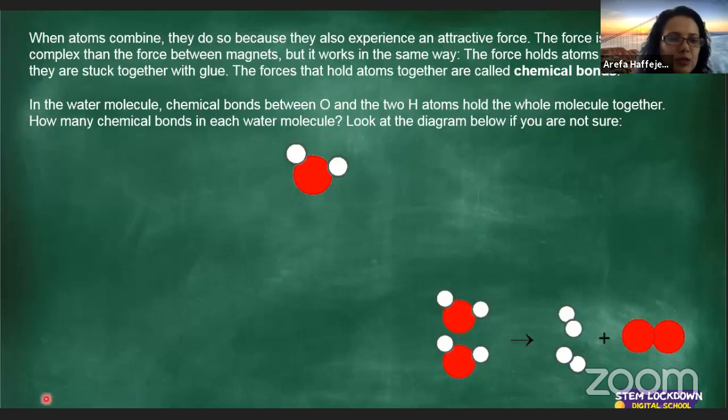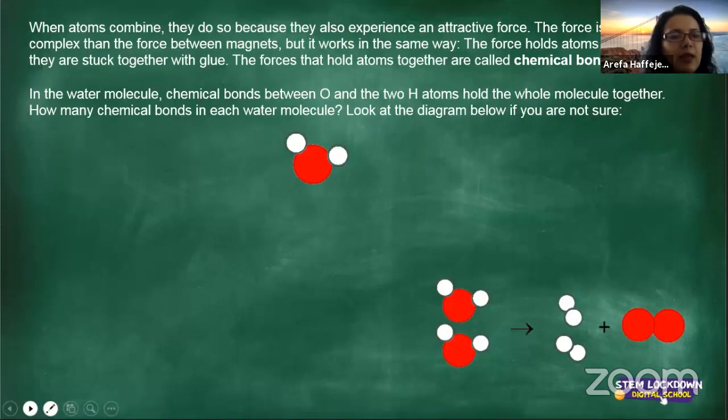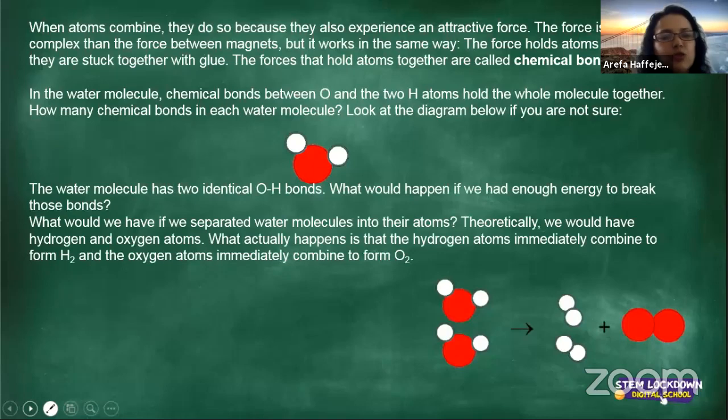Right, the water molecule has two identical OH bonds. OH bonds means that it has two identical oxygen and hydrogen bonds. Now, what would happen if you had enough energy to break those bonds?